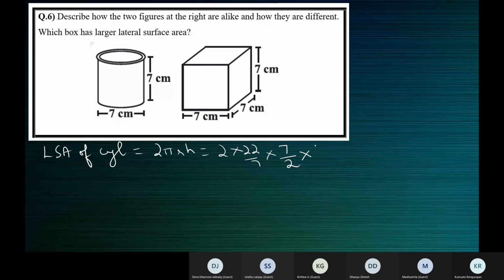So 2 and 2 cancel, 7 and 7 cancel. No, I have not taken 3.5, I have taken 7 by 2. So 22 into 7, 154 centimeters square.